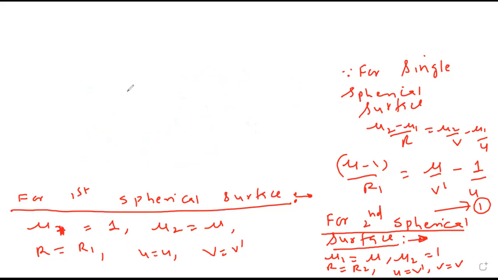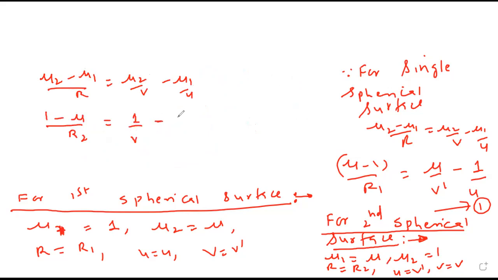Therefore mu2 minus mu1 upon R is mu2 upon v minus mu1 upon u will become 1 minus mu upon R2 is 1 upon v minus mu upon v dash, equation 2.